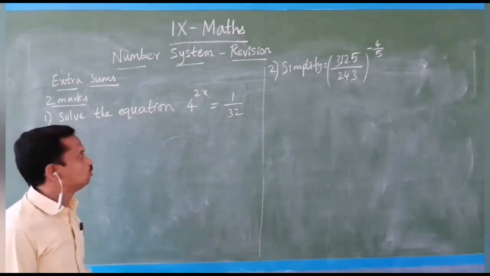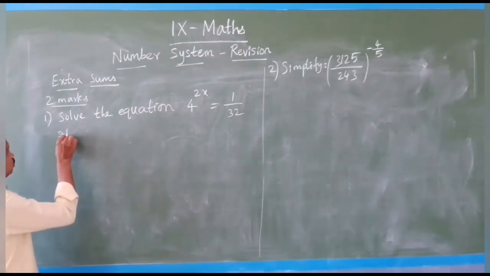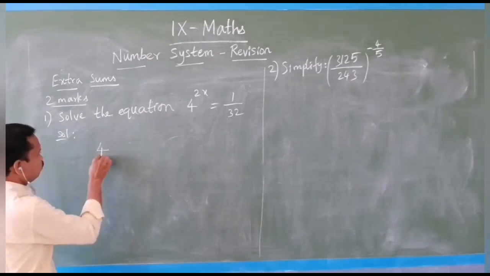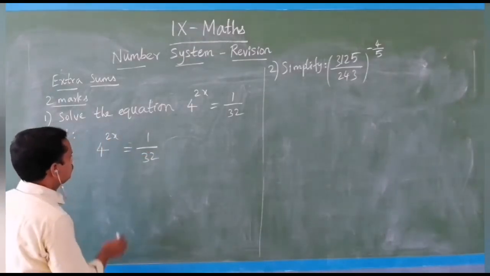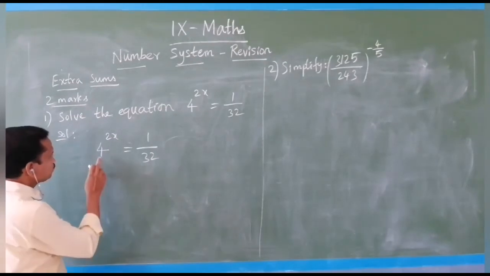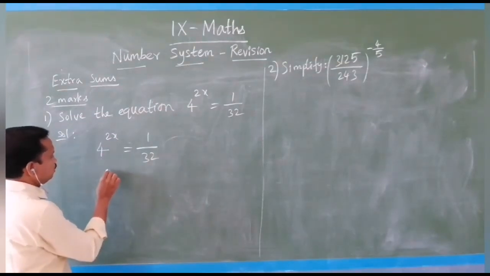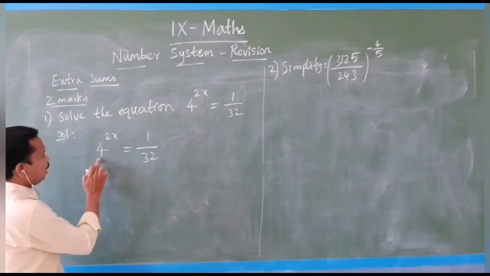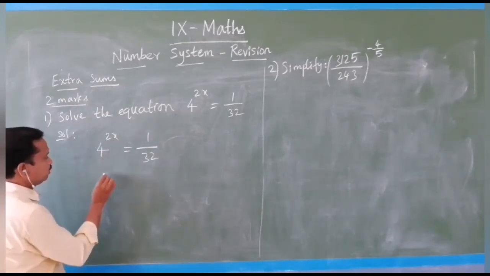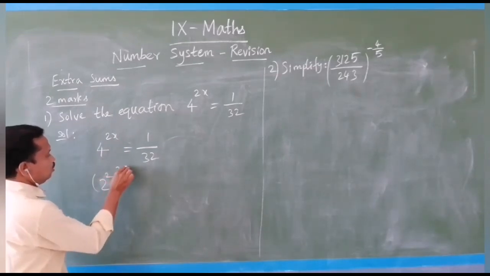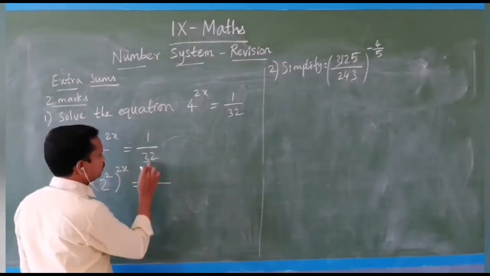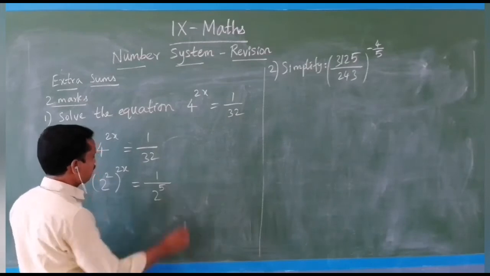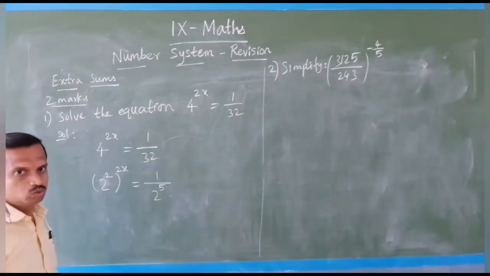So, the solution for 4 power 2x equal to 1 by 32. Now here, 4 power 2x, I am going to write 4 as 2 square and then power 2x, and here 1 by 32 is 2 power 5, 32 is 2 to the power 5.